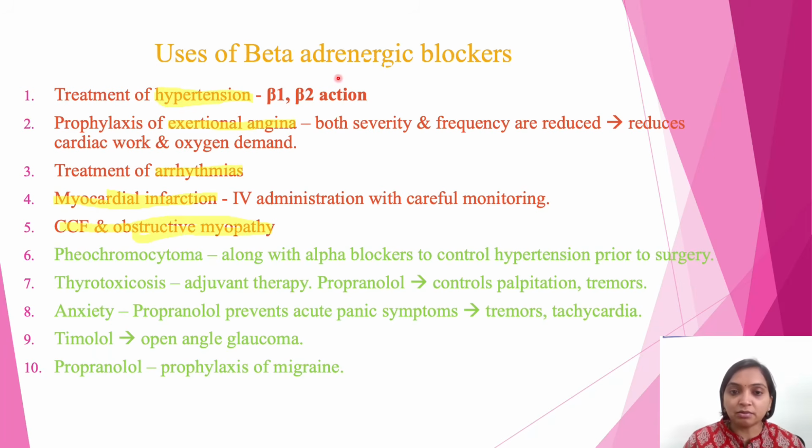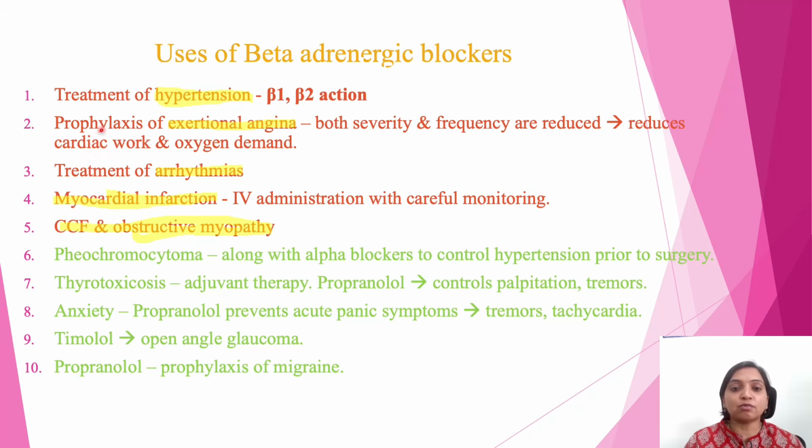I have told the action of how it is helpful. Beta 1 and beta 2 mediated decrease in the heart rate, force of contraction, and effects on the blood vessels by blocking the beta 2 receptors. All these are the mechanisms by which it will decrease the BP in hypertensive patients.